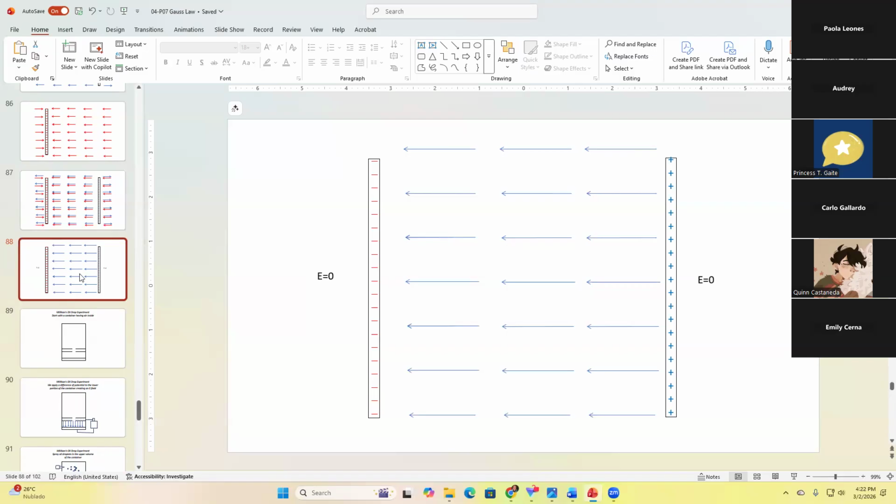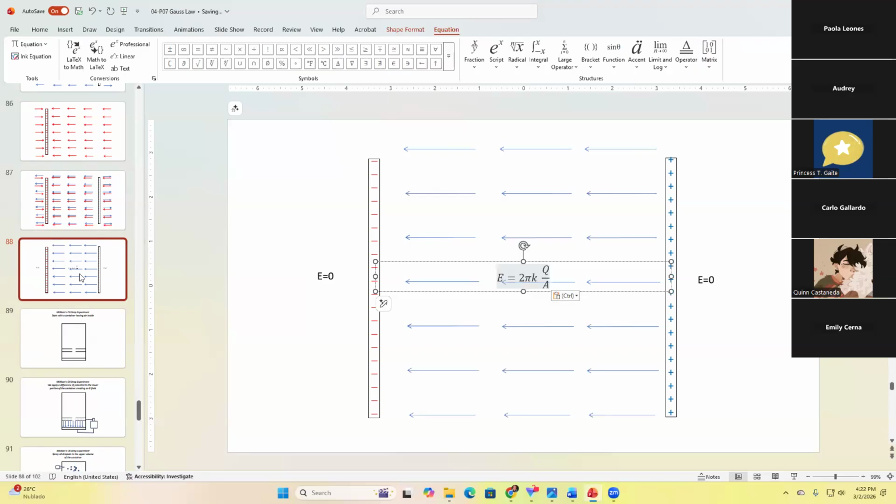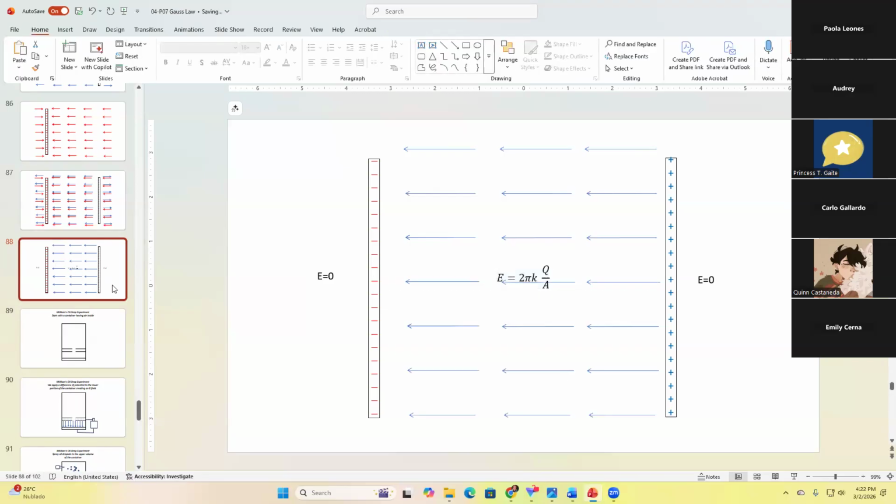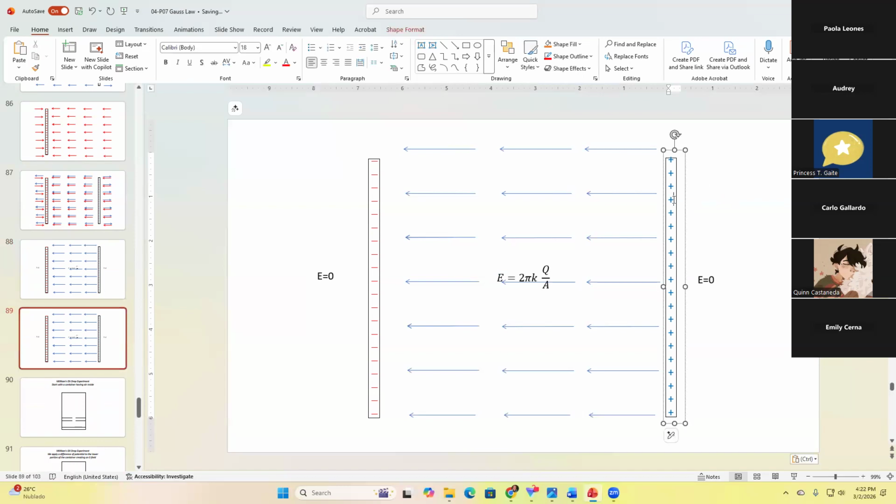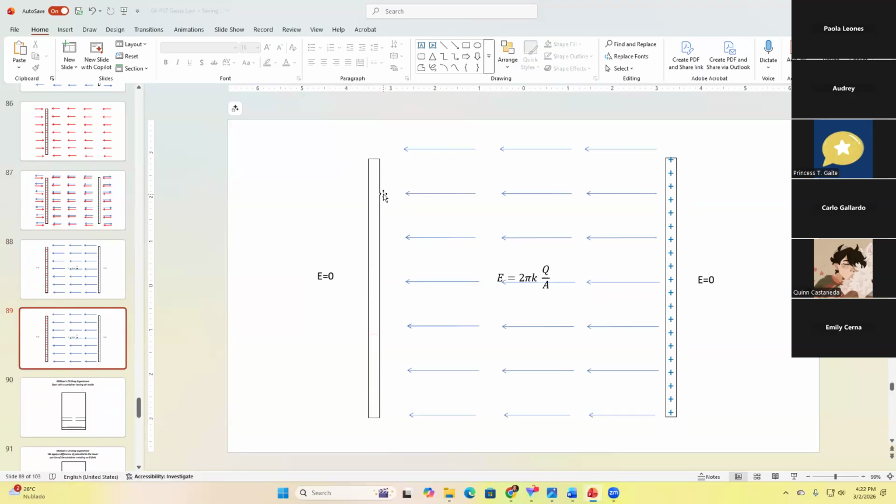Let me copy, paste. Yeah, here you go. Now, what would the field look like if you had, instead of negative charges here, positive charges here, right?